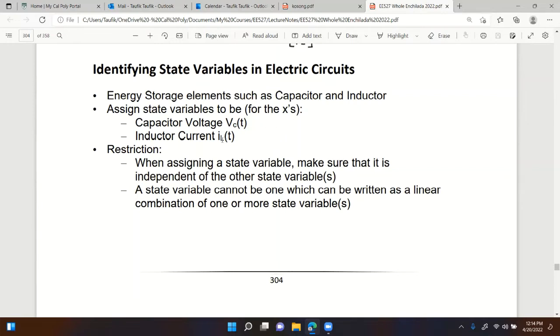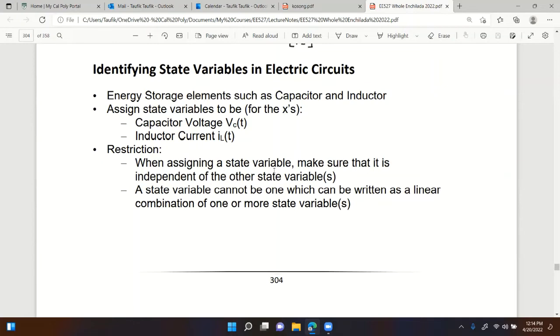And likewise, we pick current through the inductor instead of voltage across the inductor, because if I pick IL of t, then the first derivative would be dIL/dt, and that's going to be part of the equation for voltage across the inductor, right? So you get the first derivative of IL from voltage across the inductor.